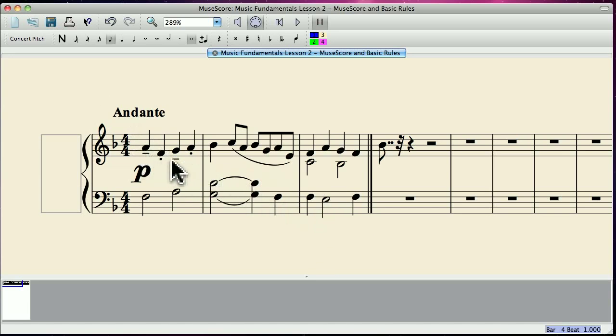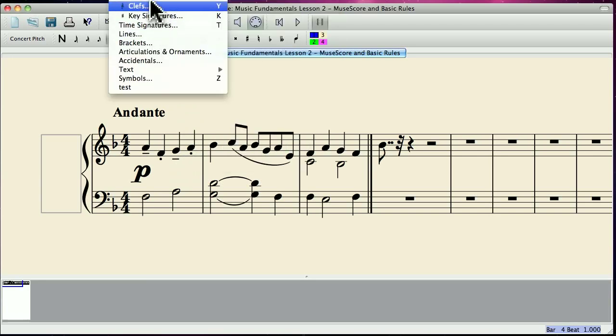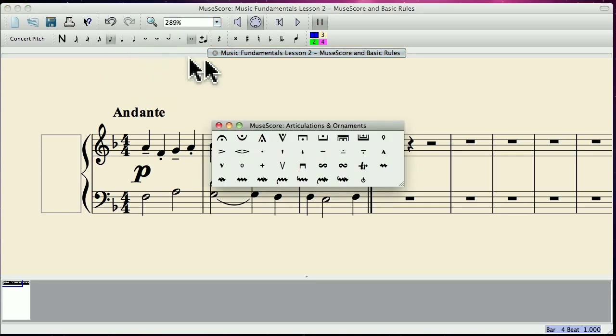Also, these symbols here next to the note heads are called articulations. They refer to how the notes should be played in different ways. Let me bring up a list, which shows all the different articulations that are available.